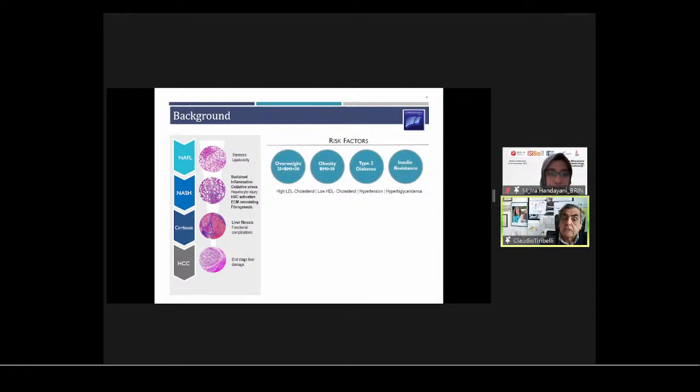We have several risk factors for this. Of course, we have overweight and obesity. I'm going to touch on this in more detail later on. We have type 2 diabetes and insulin resistance. Altogether, overweight or obesity, type 2 diabetes, and insulin resistance make up what we now call the metabolic syndrome.